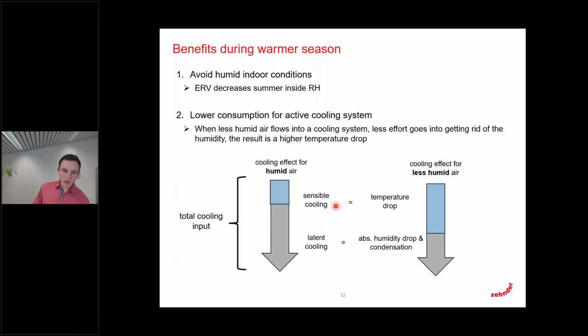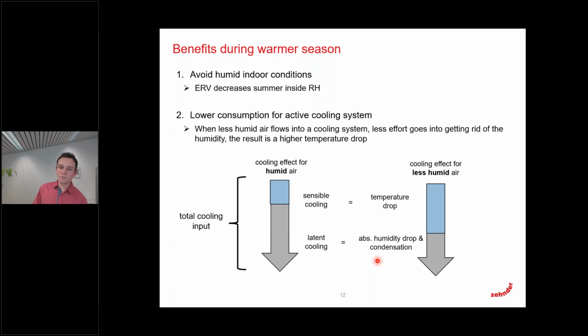But what we also have in warmer climates is a lower consumption for the active cooling system. Why is that? Because the total cooling output is equal to the sensible cooling, which relates to the temperature drop, and the latent cooling, which is the absolute humidity drop.